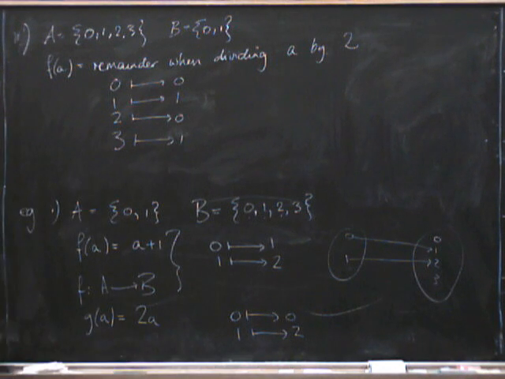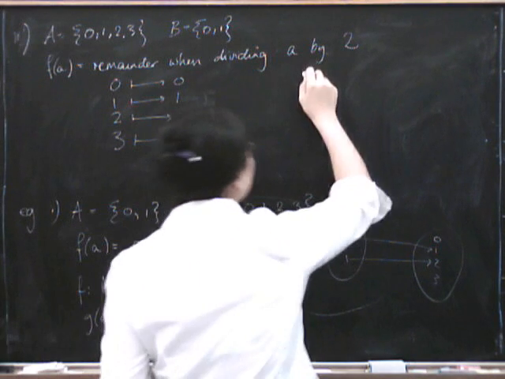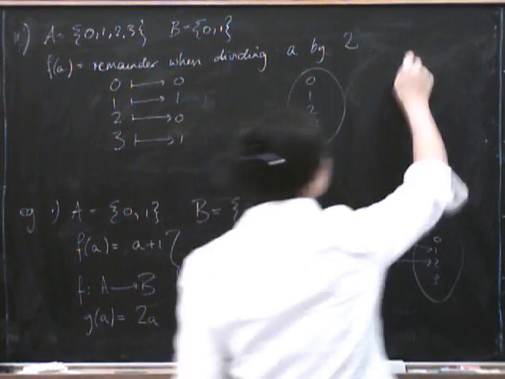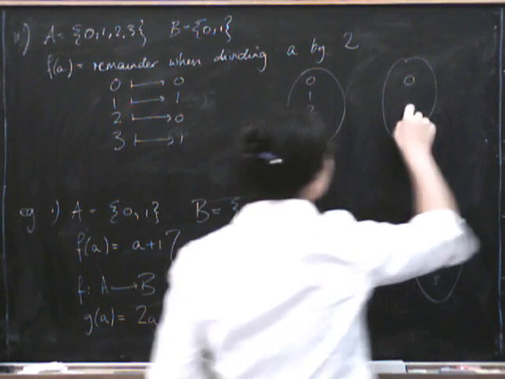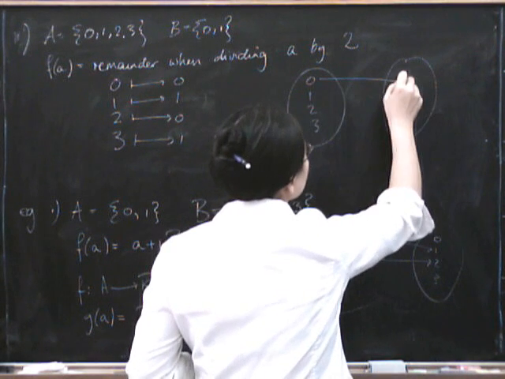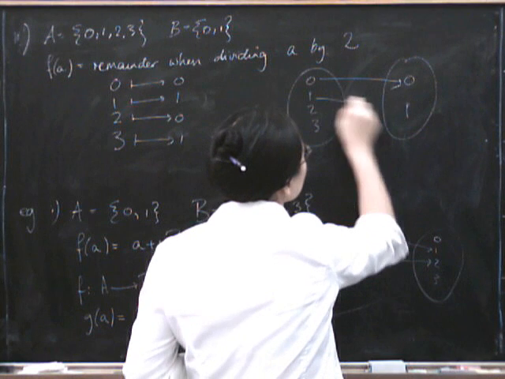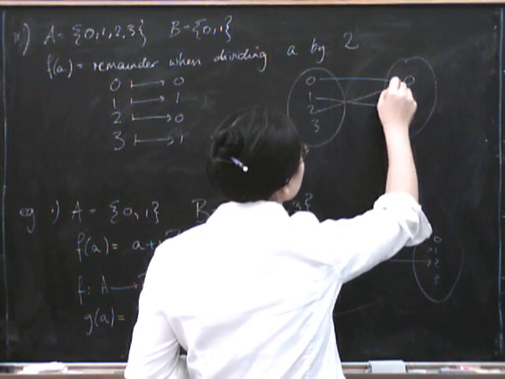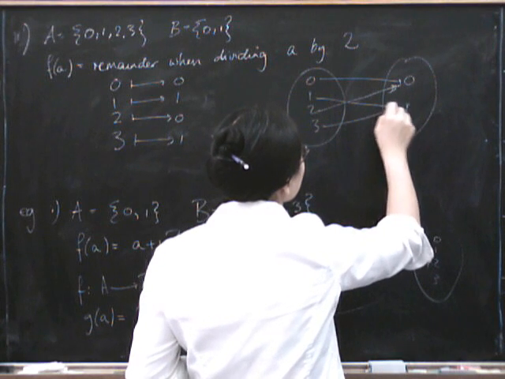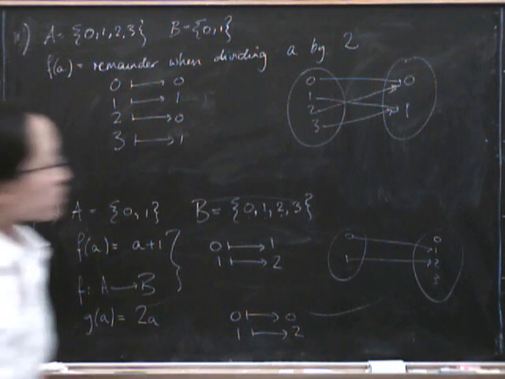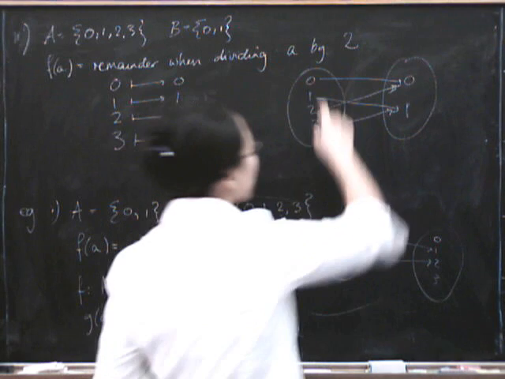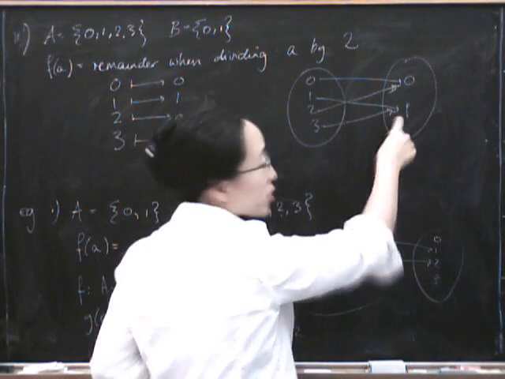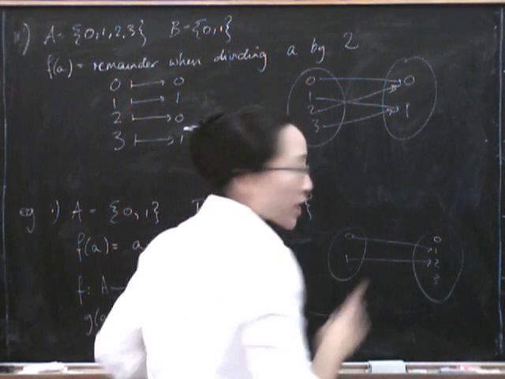And 3 is odd, so you get remainder 1. So in this case, we've got 0, 1, 2, and 3, and we've got 0 and 1. 0 goes to 0, 1 goes to 1, 2 goes to 0, and 3 goes to 1 again. So in this case, we've got two different numbers both going to 0 and two different numbers both going to 1. But that's okay.